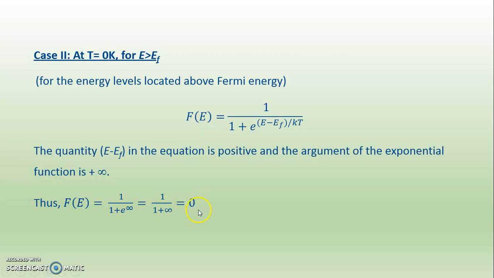So it gives a 0% chance to find an electron in that energy state. So we can conclude f of E is 0 implies that all the levels above the Fermi level are vacant. That means there is no scope to find an electron at energy levels above the Fermi level, because they are vacant.